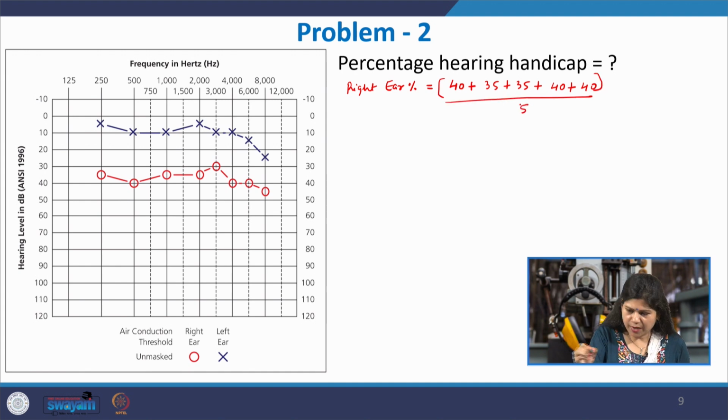We are doing 5 times of that, then minus 25 multiplied by 1.5. So, here the average that you get is coming out to be 38.